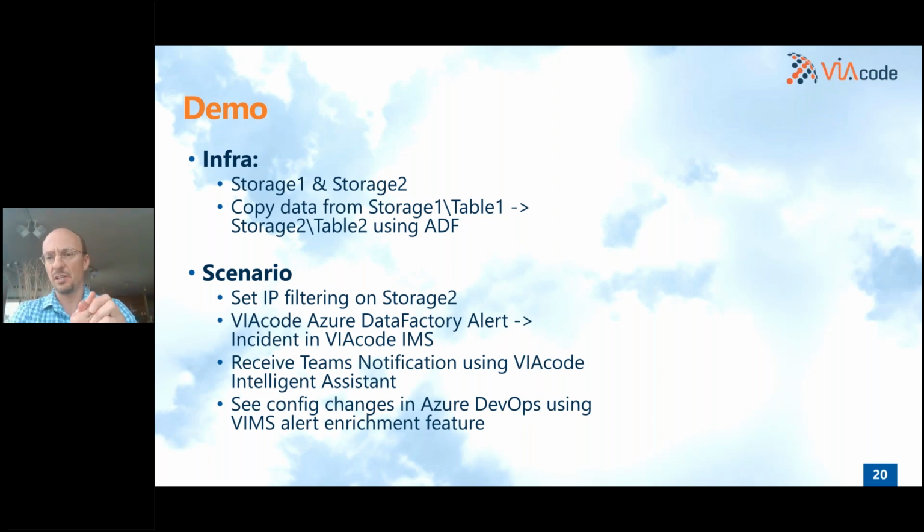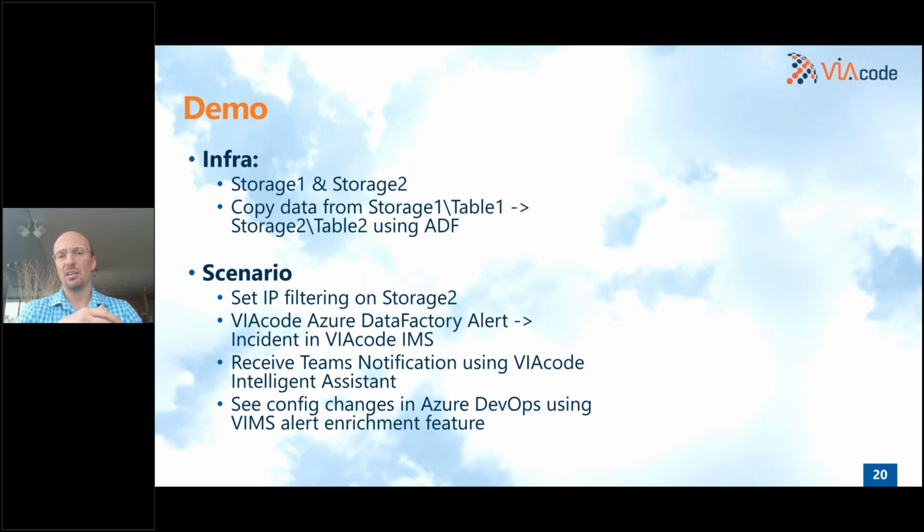And that security operations team decided to tighten security. With the zero trust mantra, they set up filtering around storage, in this case storage 2, and they broke ADF. So ADF can no longer access that storage.